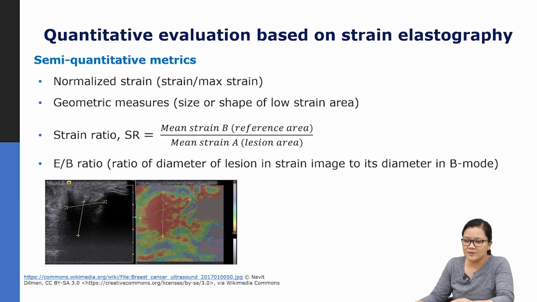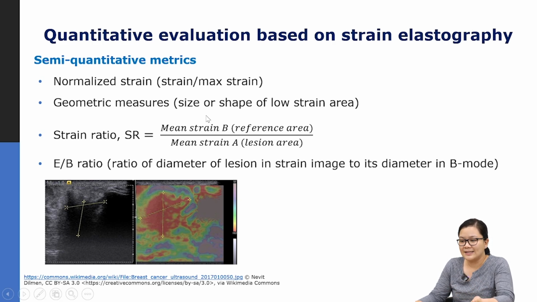I'm going to introduce some of the semi-quantitative metrics that are being used today. Some of these metrics include normalized strain, which is a measure of the strain divided by the max strain. Typically, the strain will vary depending on the region. If the tumor or the diseased region is there, then the strain will change. Also, some geometric measures can be gained from the strain elastography image.